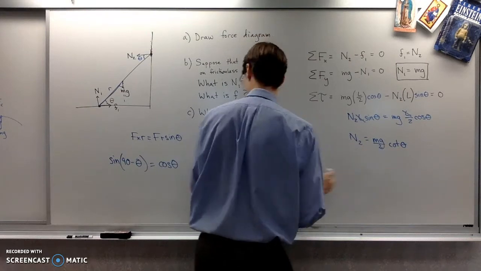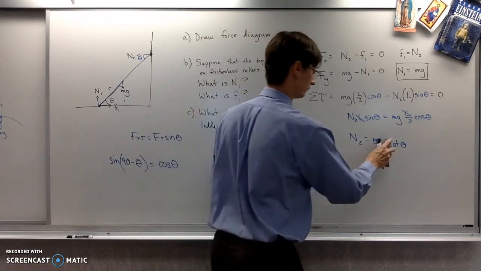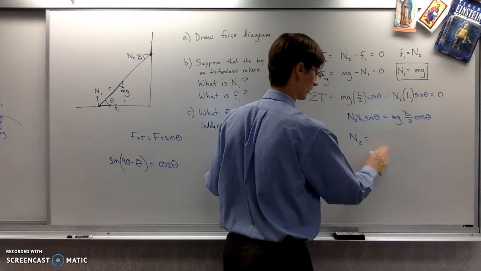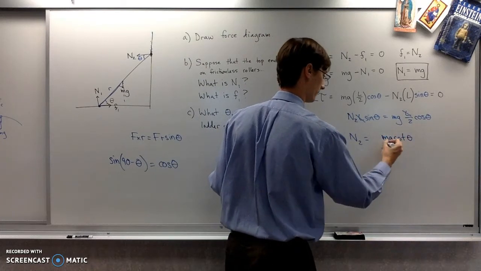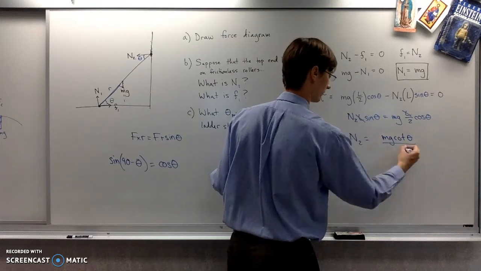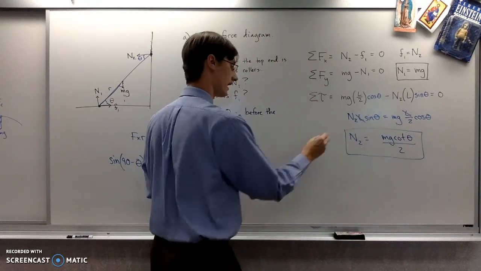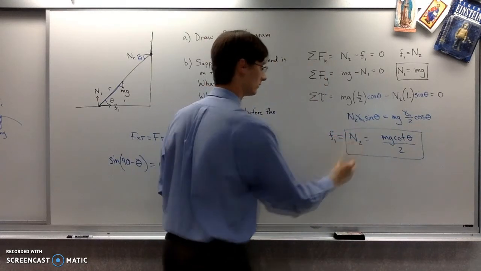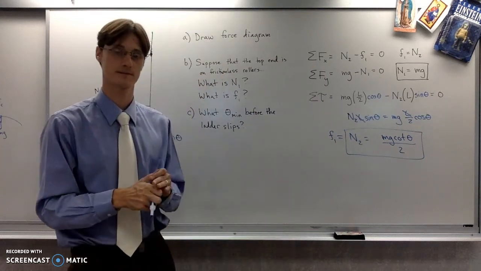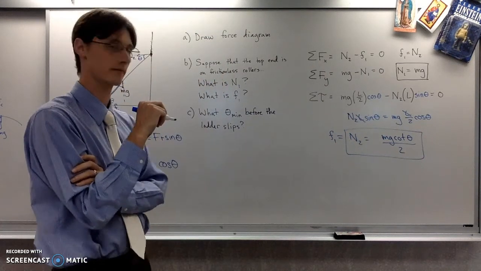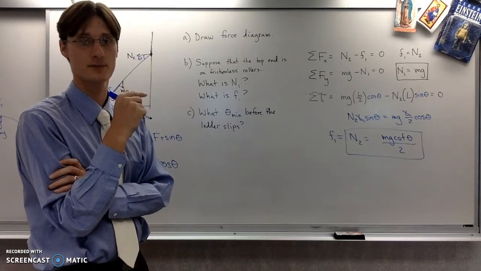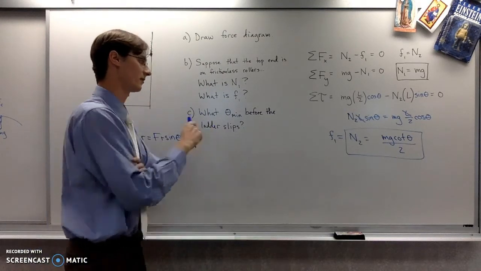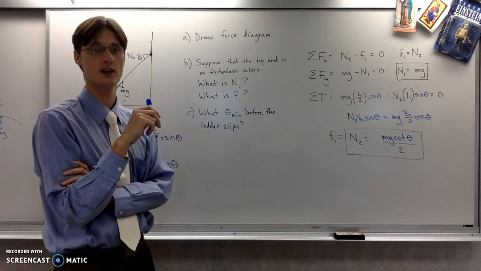Let me write that a little more neatly. mg cotan theta over 2 is my normal force, and therefore also my friction force. I like it. Now the last part of the question asks, what's the minimum angle before the ladder slips?